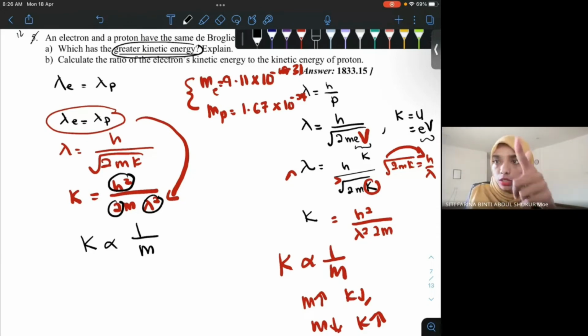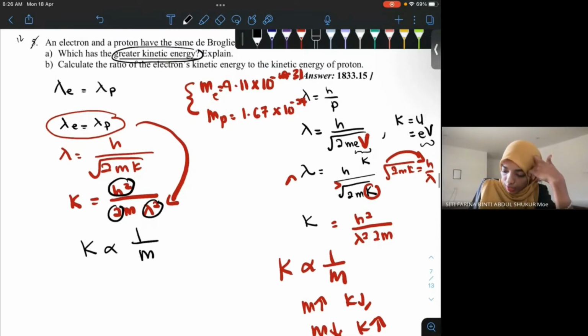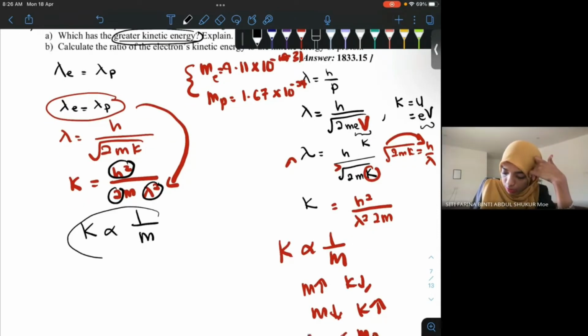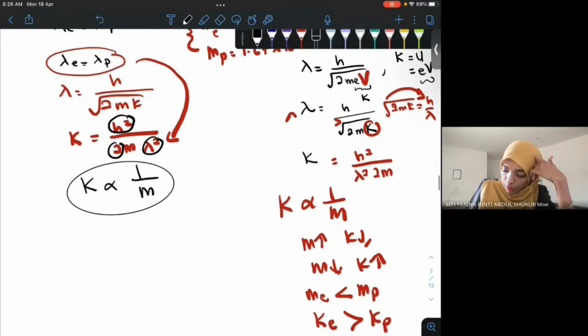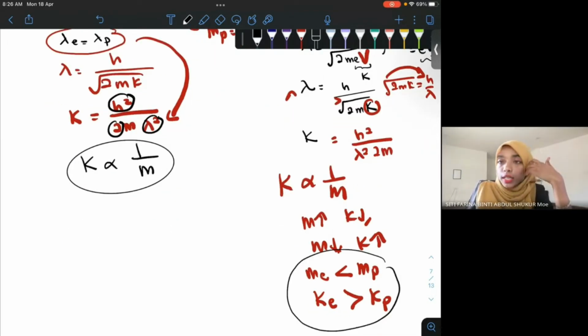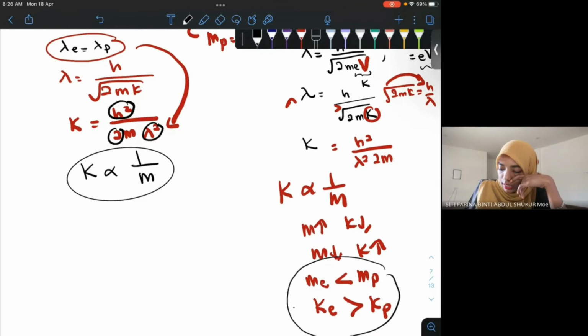Satu elektron, satu lagi proton yang mempunyai mass yang berlainan. Sebab dia orang inversely proportional and mass of electron kecil daripada mass of proton, maka kinetic energy of electron akan besar daripada kinetic energy of proton. So your answer is inilah kinetic energy of electron besar daripada kinetic energy of proton.